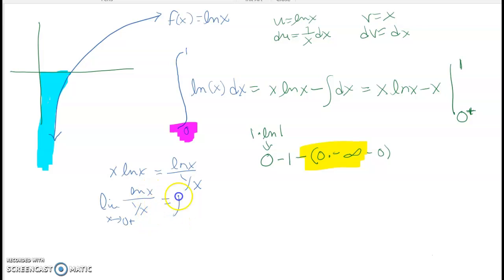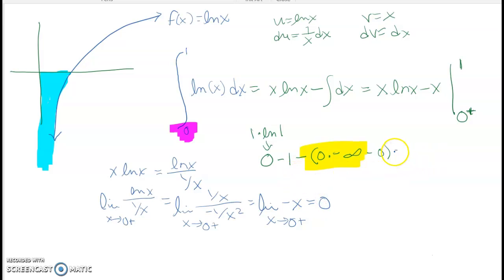I'm ready to L'Hopital. Limit as x goes to 0 from the positive side of 1 over x over negative 1 over x squared. Oh, that's cool. Limit as x goes to 0 from the positive side of negative x. Oh, that thing just equals 0.